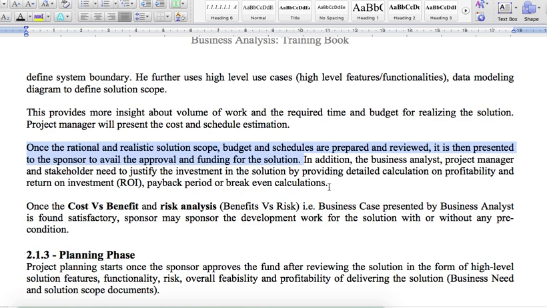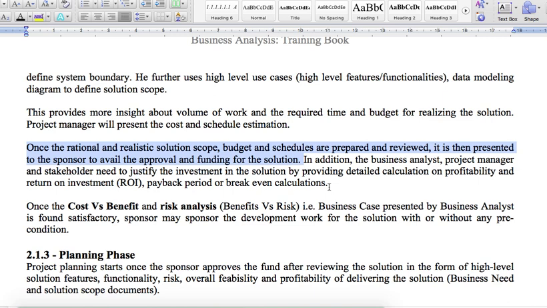Before we present to the sponsor, it is presented to the stakeholders, and their queries and feedback are incorporated. Again they are presented and we take the sign off before we present to the sponsor. Because a lot of assumptions are made when we prepare the business case. The reason is that assumptions or hypotheses are there when it comes to cost versus benefit analysis.